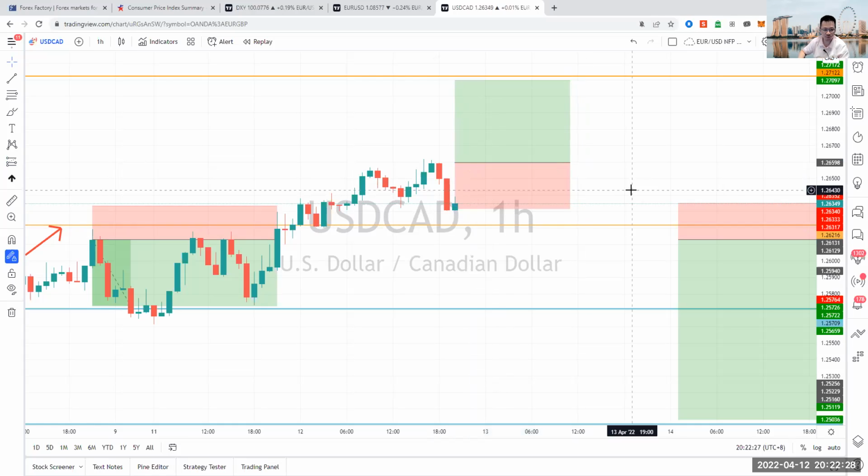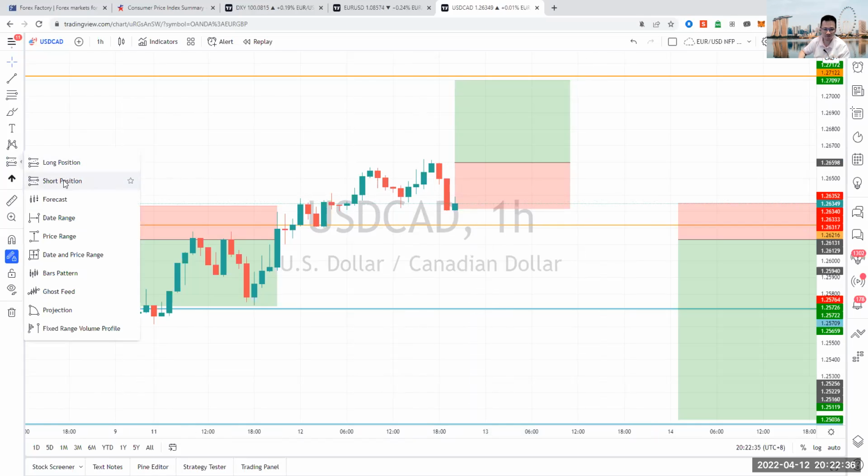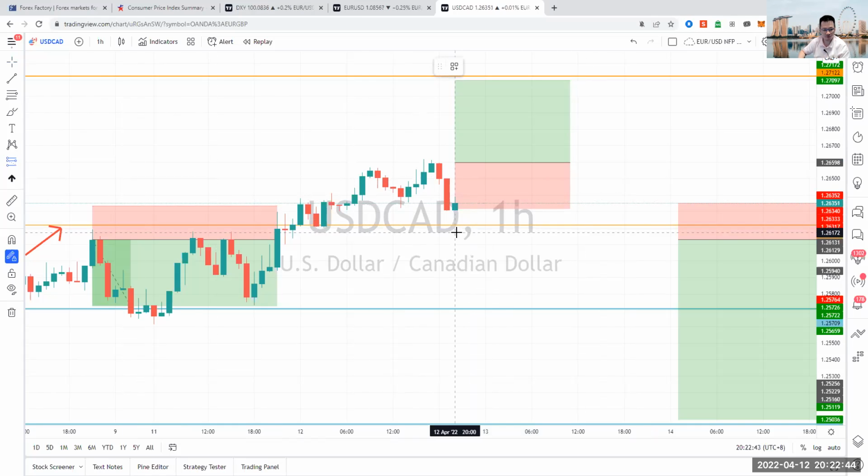But if you do see an upset in the CPI number from the US, you could actually have a selling opportunity. So a lot of times, all the other trades might be counter trend or might be too risky to go counter. What you could be looking at on the USD/CAD will be to sell below this 1.2621 level.